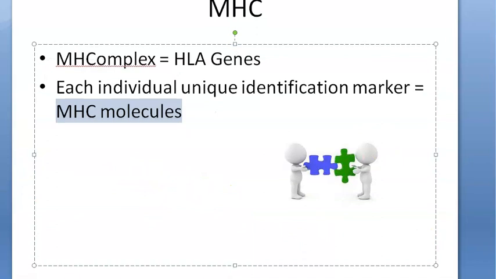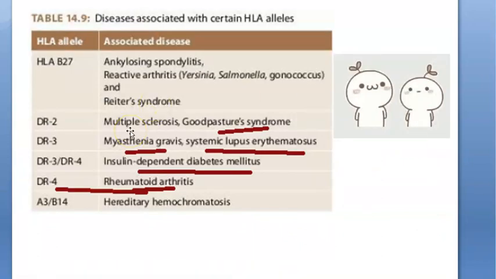And this is not only about organ transplant. There are some HLA alleles. If you express HLA B27, then you are more prone to getting ankylosing spondylitis. If you are expressing DR4, you can get rheumatoid arthritis, lupus, Goodpasture syndrome, insulin dependent diabetes mellitus. Why do people get these? Because probably they are expressing DR3, DR4.